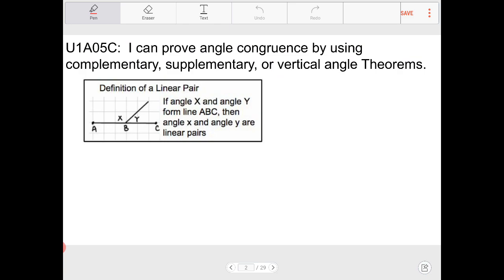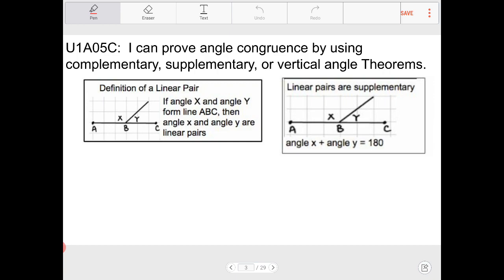This is a postulate. This goes without any proof. This is something that we accept as being truth, right? So we know that a straight line is 180 degrees. So therefore, we can say that linear pairs are supplementary. We can say that angle X and angle Y, when added together, will equal 180.